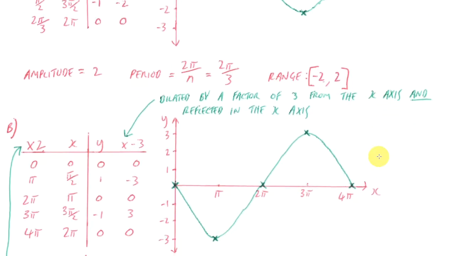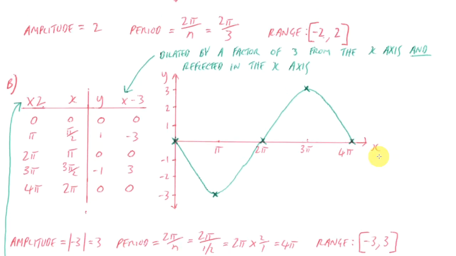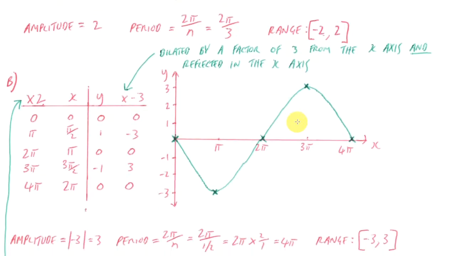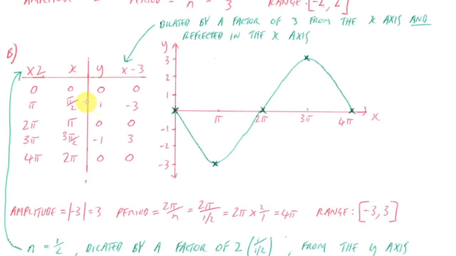Let's now have a look at B. Just to refresh ourselves, B is f of x equals negative 3 sine of x on 2. Again, we begin by ruling up the grid with the x and y values in.